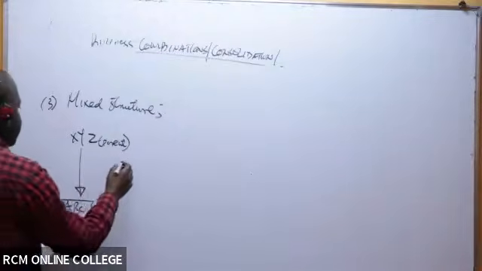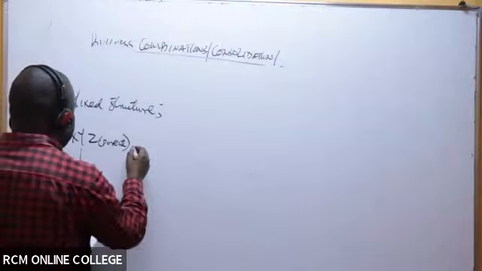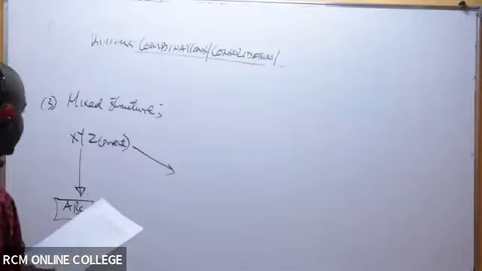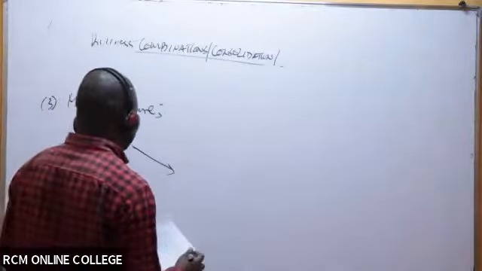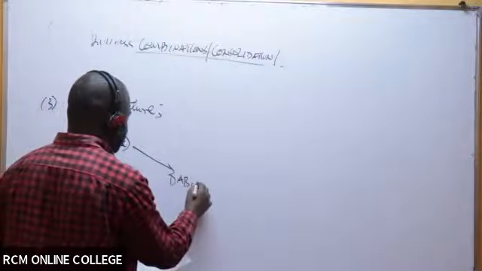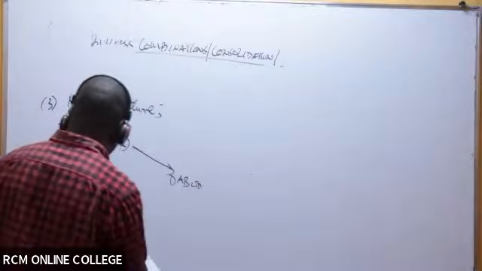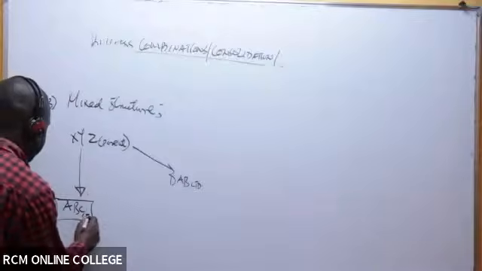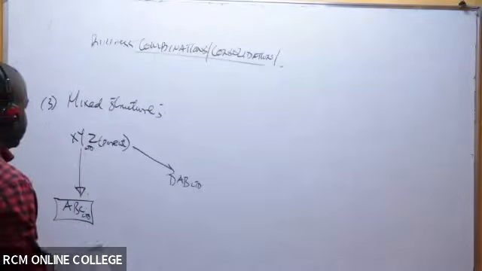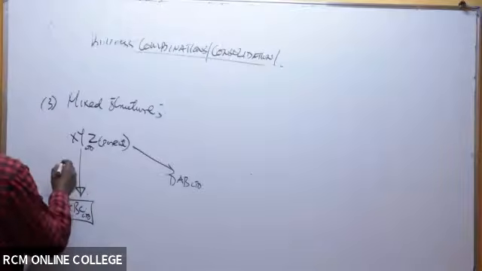Then maybe it might also have an investment in another company, DAB Limited. So this one is ABC Limited, and this one is XYZ Limited. The stake here, for example, in this case, is 80%.